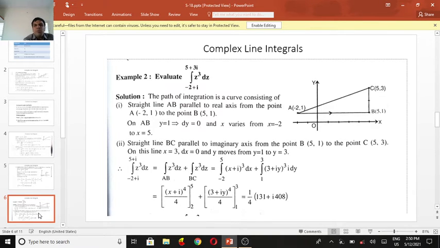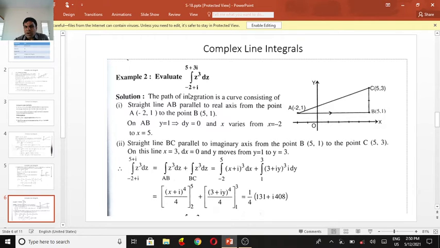See, this is away from the origin. If one unit distance, make a draw. The path of integration is a curve consisting of a straight line AB parallel to the real axis. Simply say line AB is parallel to the real axis.